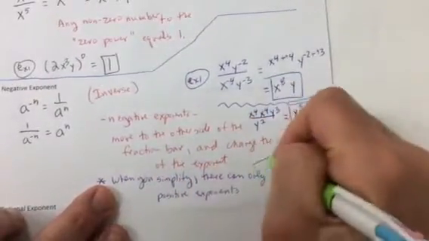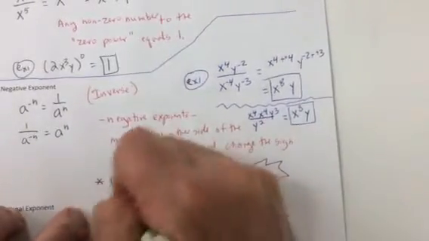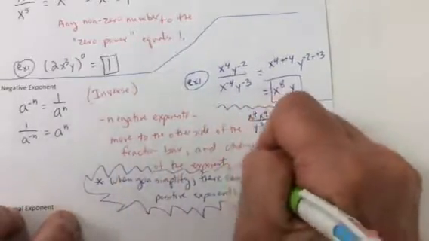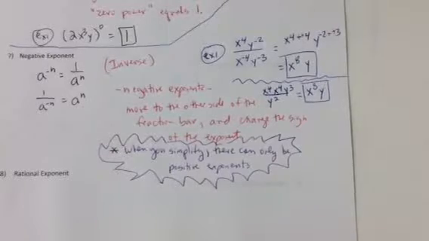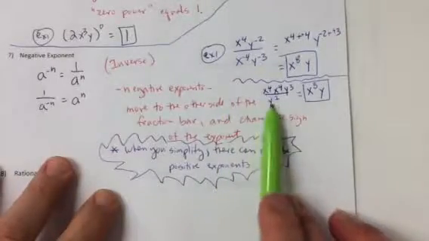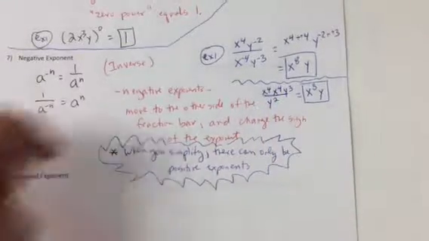So if the instructions say simplify, you can only have positive exponents. Now sometimes I've seen it as write this fraction as only a numerator, and therefore if you have a positive number down here, you have to move it to the top and make it negative. So things like that can happen.